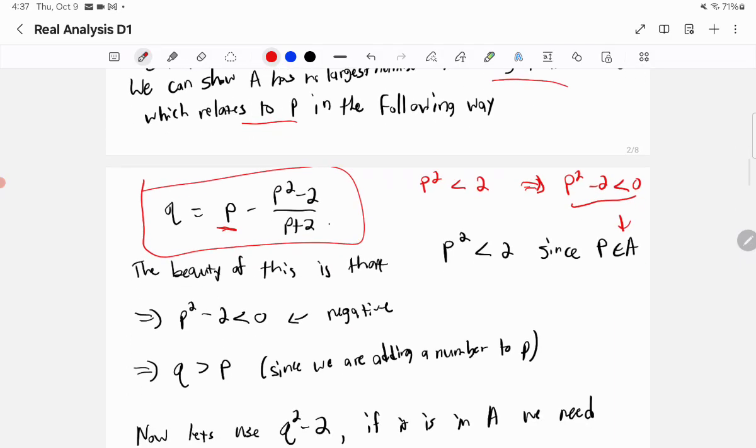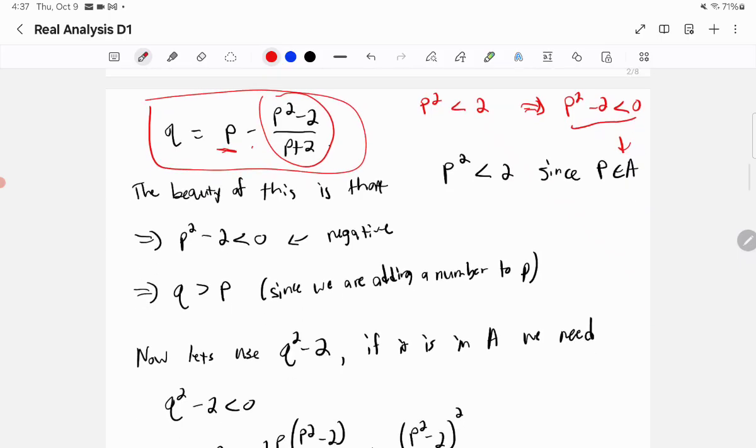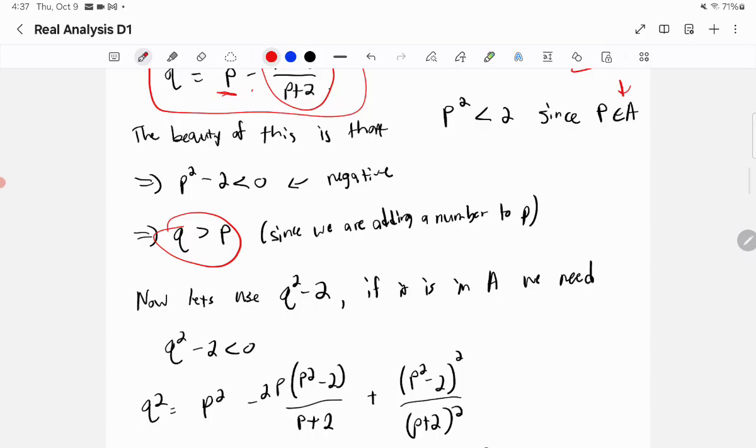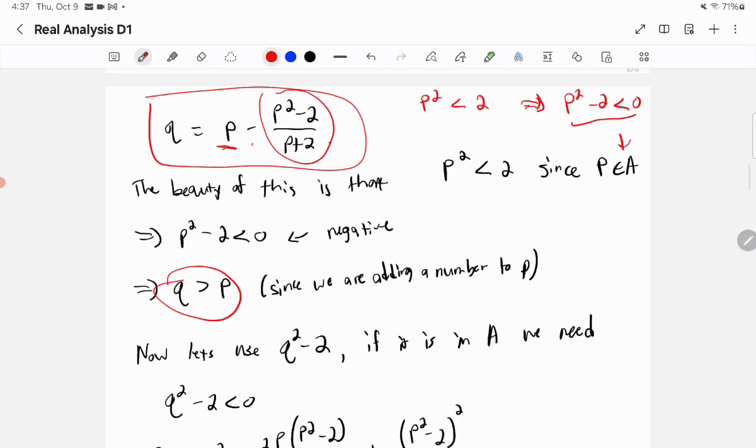So because p is greater than 0 and p squared minus 2 is less than 0, the fraction being subtracted has to be negative, and when we subtract it off, it means that q has to be bigger than p. Great. So we've established that q has to be greater than p here.